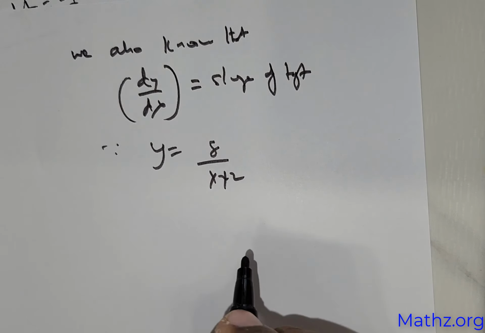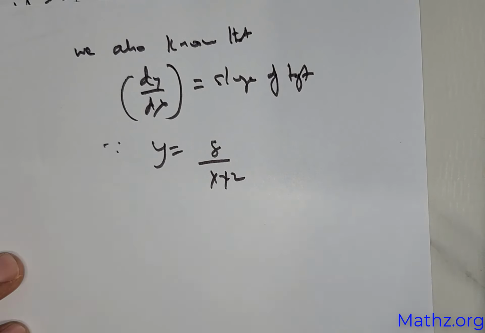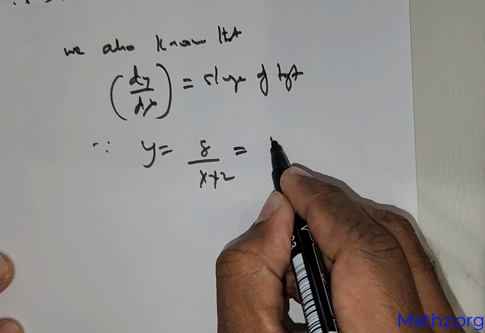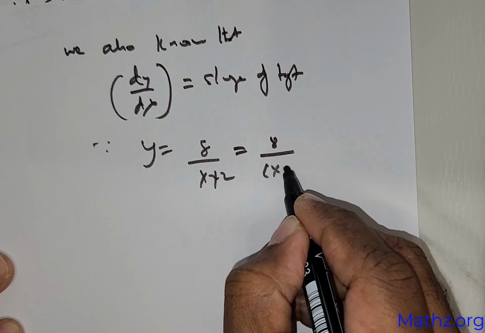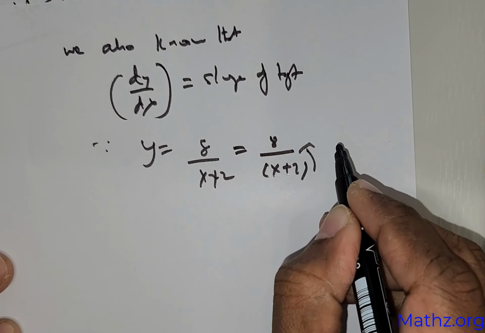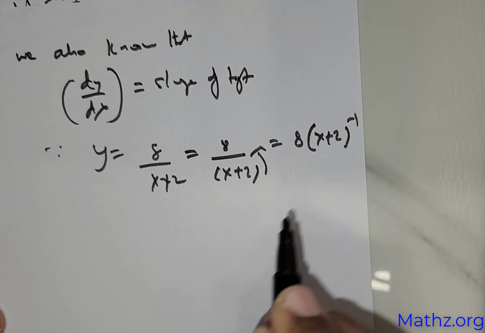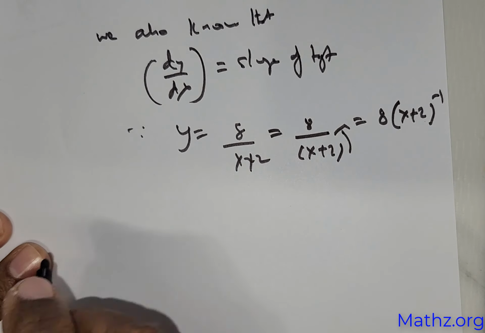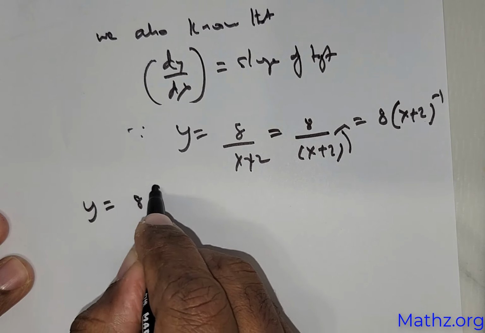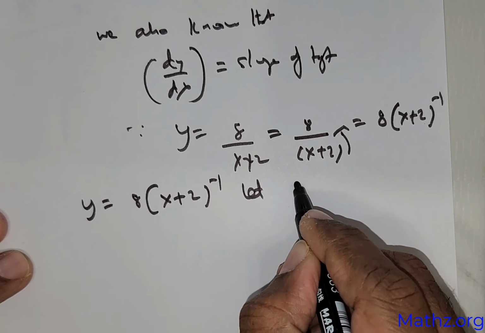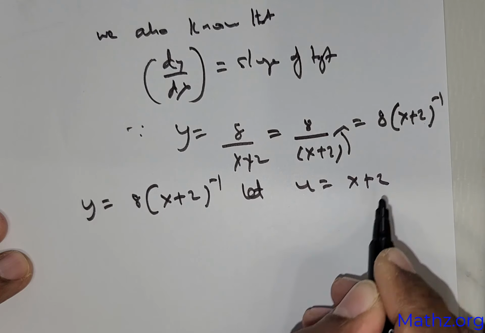We need to get dy over dx. The question is how we are going to get this dy over dx. So I'm going to rewrite this as 8 over x + 2. I push it to the numerator. I get 8 times (x + 2) raised to the power of -1. I'm going to use the chain rule. Let u be equal to x + 2.